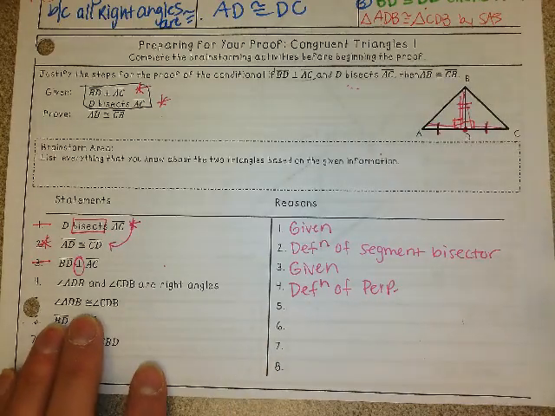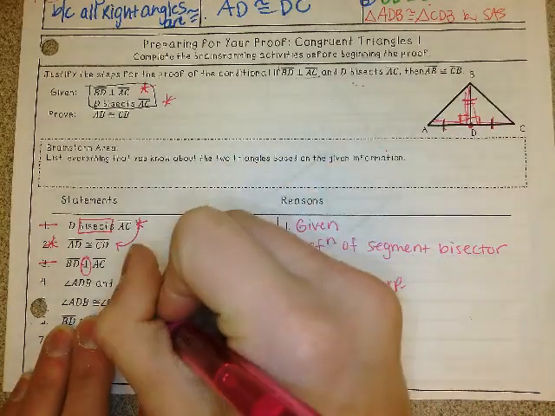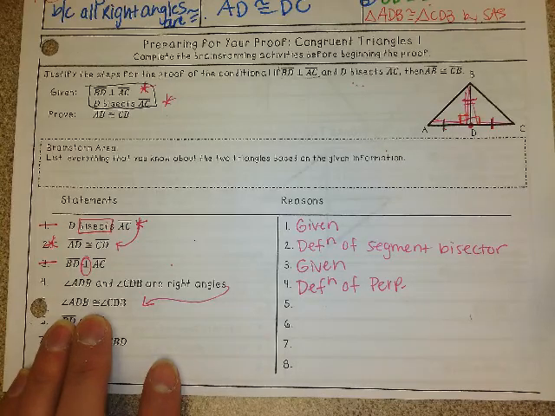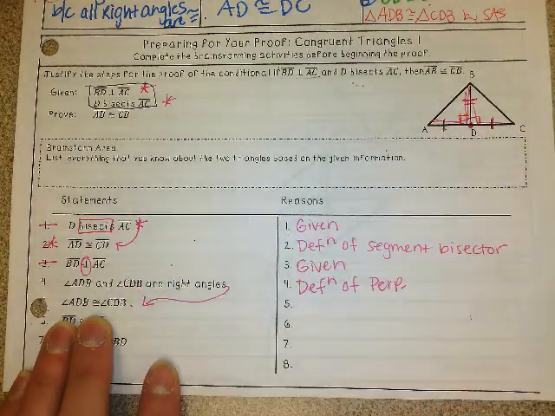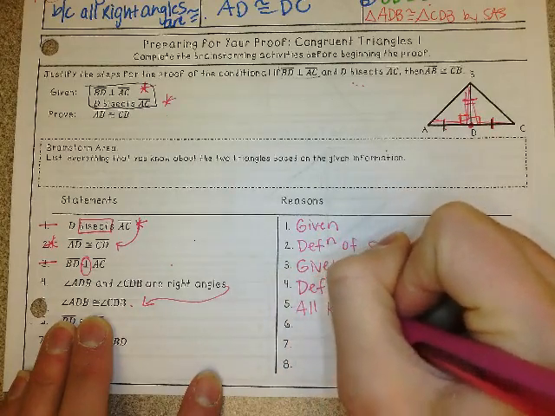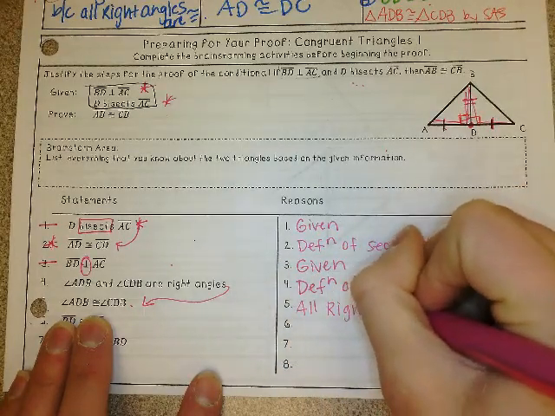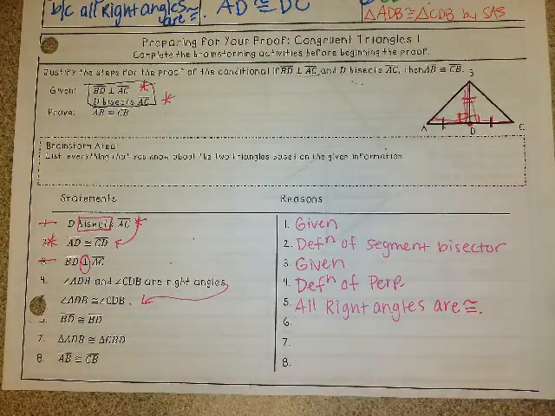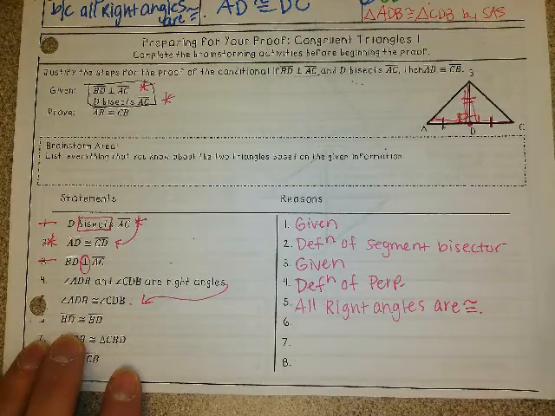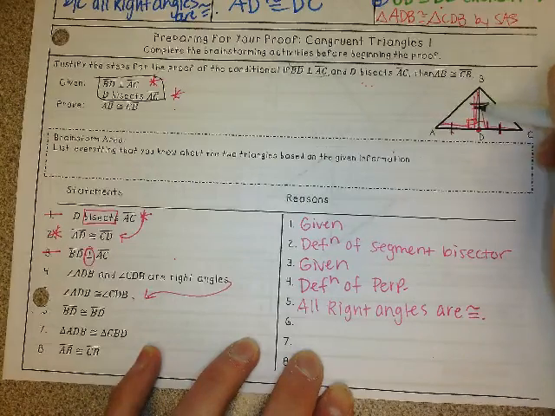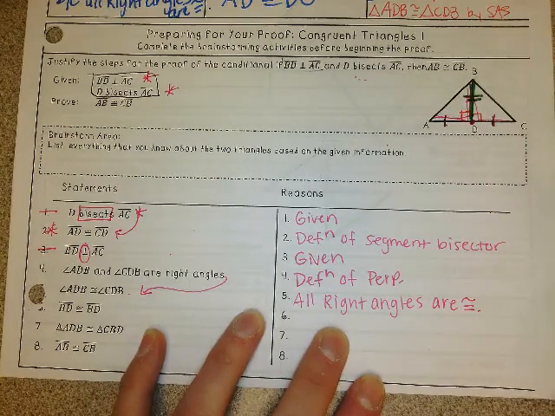Okay, so since they're right angles, that makes them congruent, right? Because a right angle is 90. So they're always going to be 90, and they're congruent to each other because all right angles are congruent. All right, next, how do we know that BD was congruent to itself? They share that side, but what is that called?